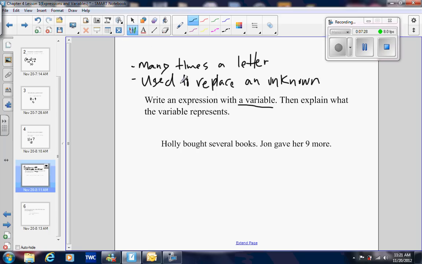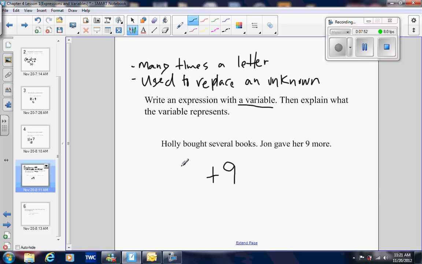Okay. Right, so the directions say write an equation with a variable, then explain what the variable represents. Holly bought several books. John gave her 9 more. So we see that word more, and we know we're going to be adding 9 to something, because John gave her 9 more.